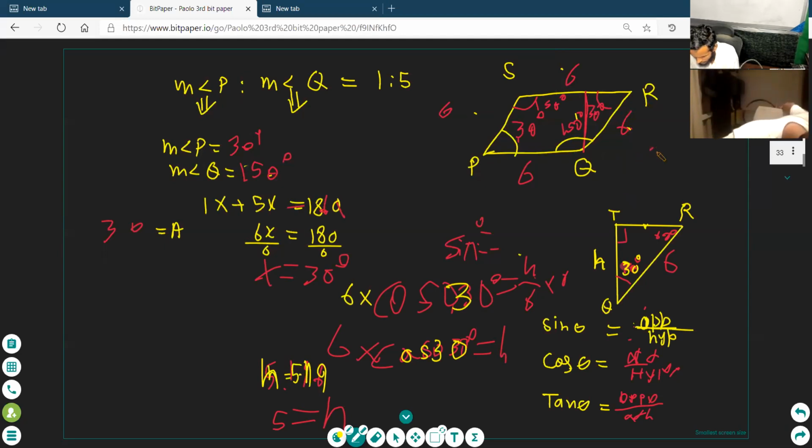We are giving the name PQRS, okay? The measure of angle P and angle Q is given. Our P is equal to 30 degrees and our Q is equal to 150. Then we find this is the 6. You are using cos 30.